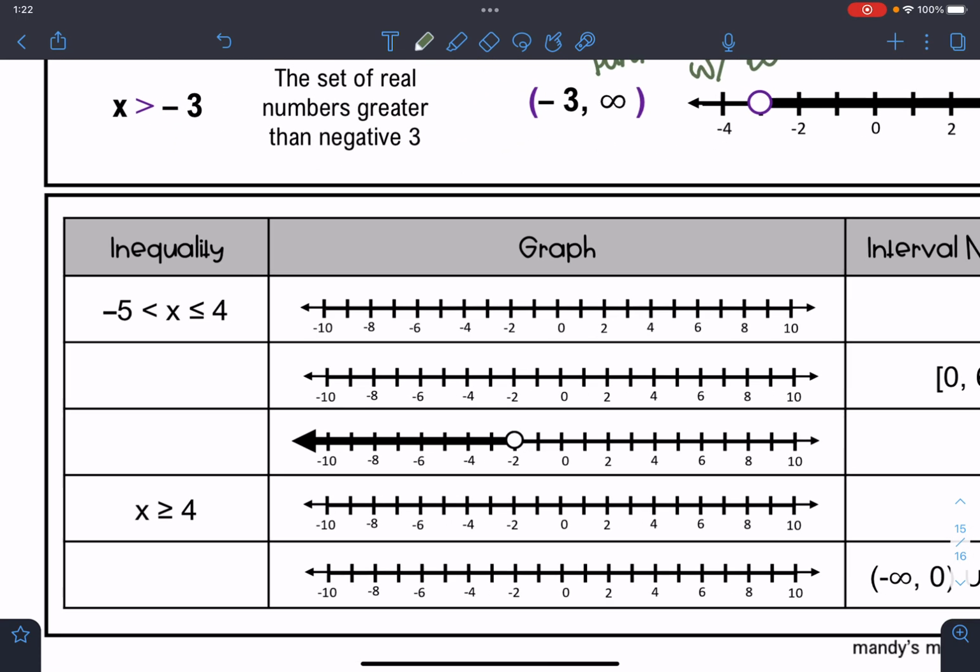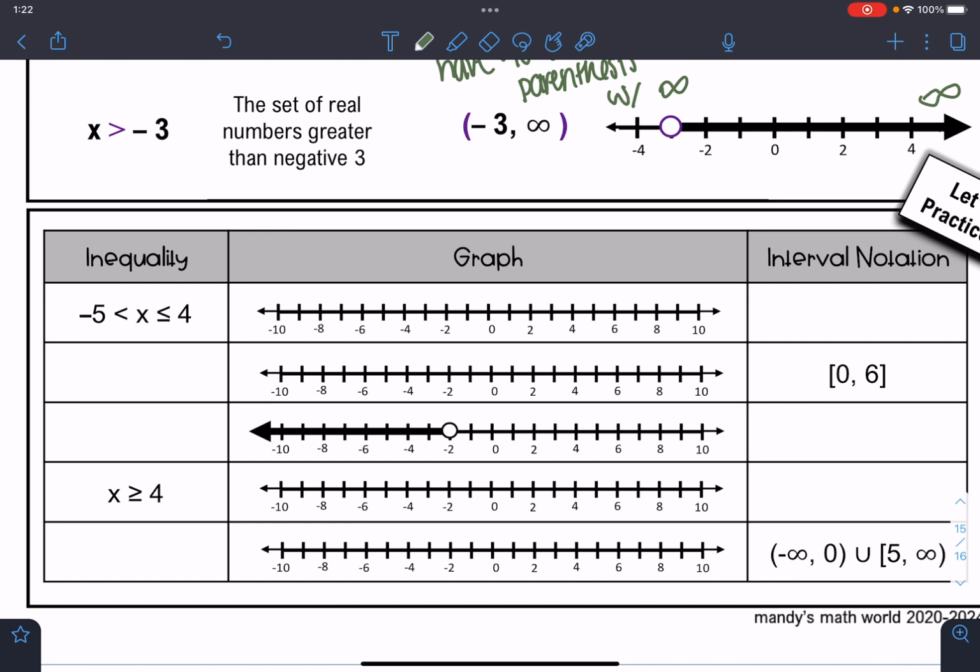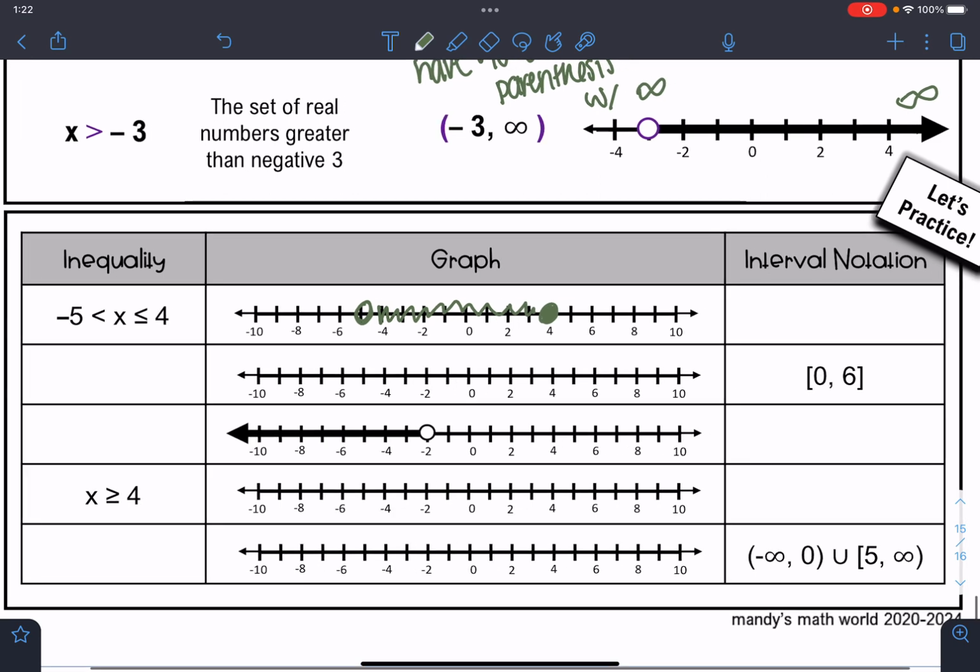So looking at this first one here, we have -5 is less than x, which is less than or equal to 4. I like these because it's very clear what my two numbers are. We're saying x is in between -5, so we're going to put our open circle at -5 and closed circle at 4. And we're staying in between that so we can shade here in the middle. Now for interval notation, again, this is very clear.